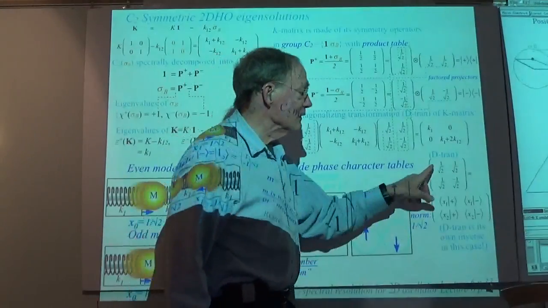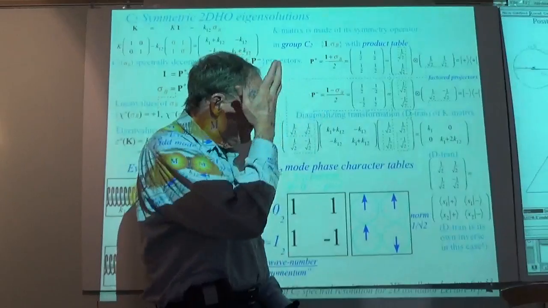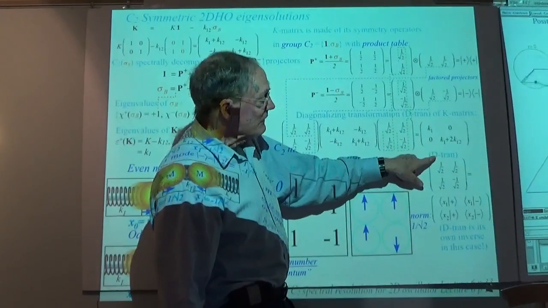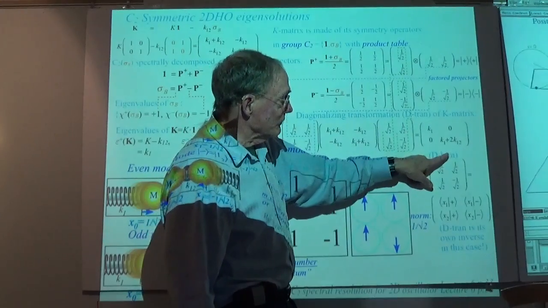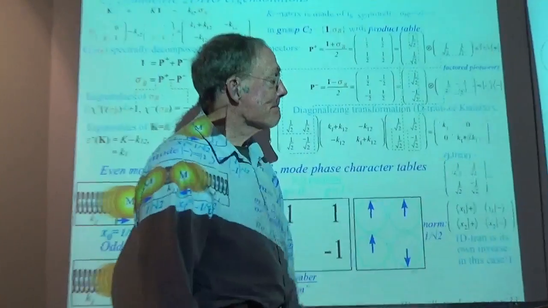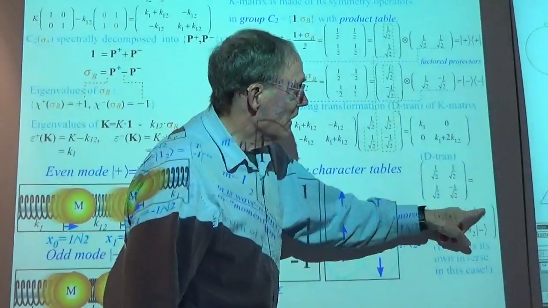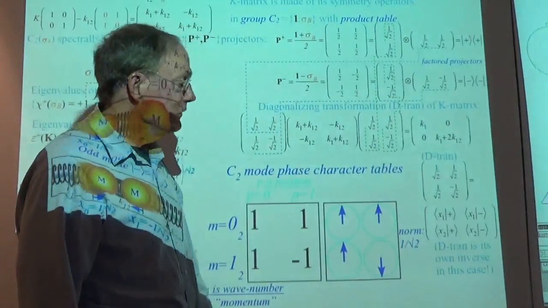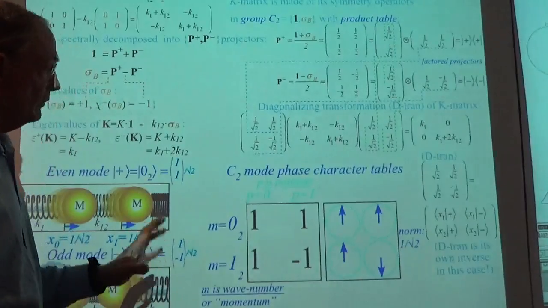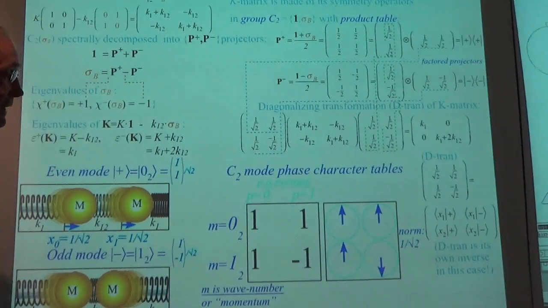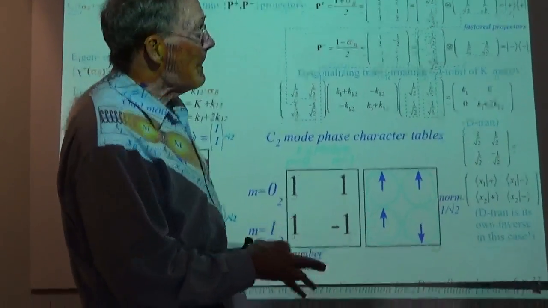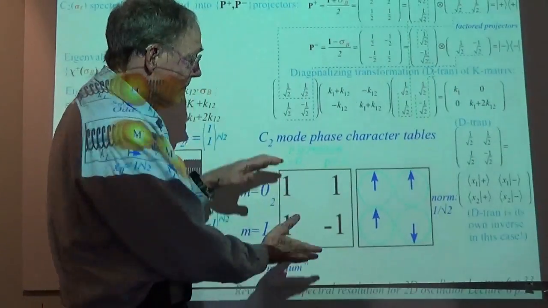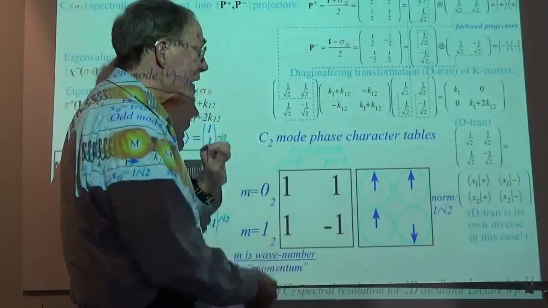So what we're really looking for, that most people know and love in the world of quantum mechanics, is a diagonalizing transformation, which I call D-tran. And there's the notation for the D-tran representation using the bases that we have here. Well, it turns out that that transformation matrix is called a character table.